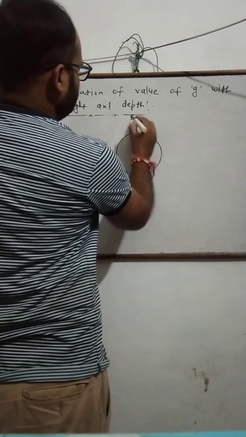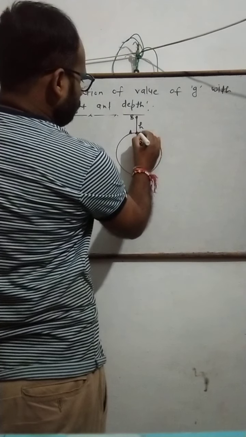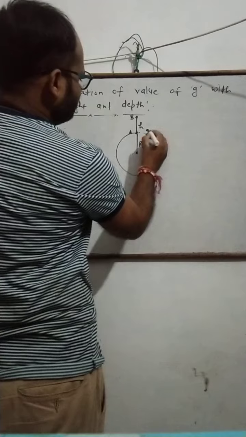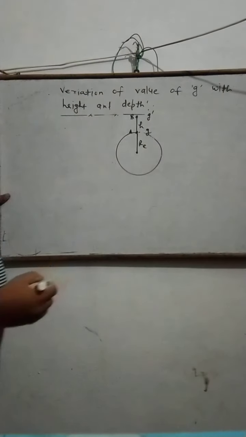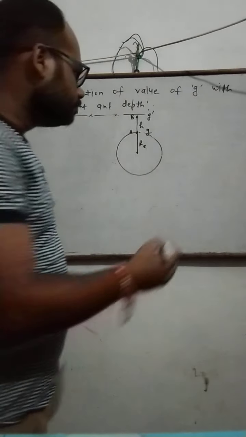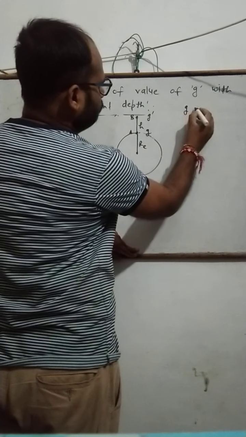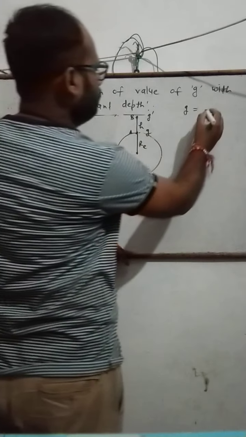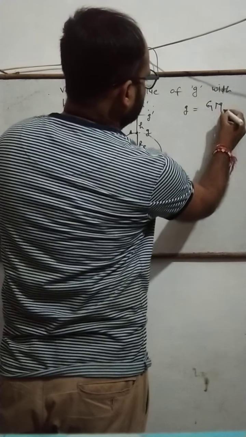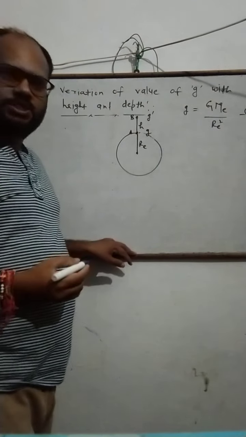Let this point be B and this point be A. Say the value of gravitational acceleration is g at point A and g dash at point B. So the value of g at the surface of Earth will be g equals G Me upon Re square, the well known formula of gravitational acceleration.